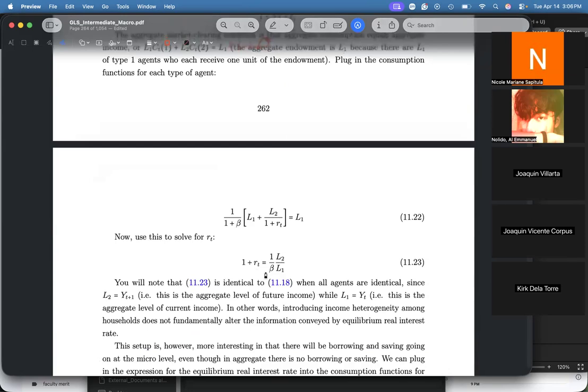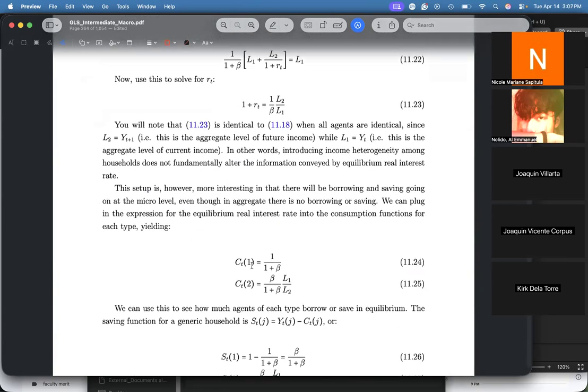So you want to remove the endogenous variable, which is RT, and substitute out the RT. And if you do that, it's going to be CT2 equals beta over 1 plus beta L1 over L2.